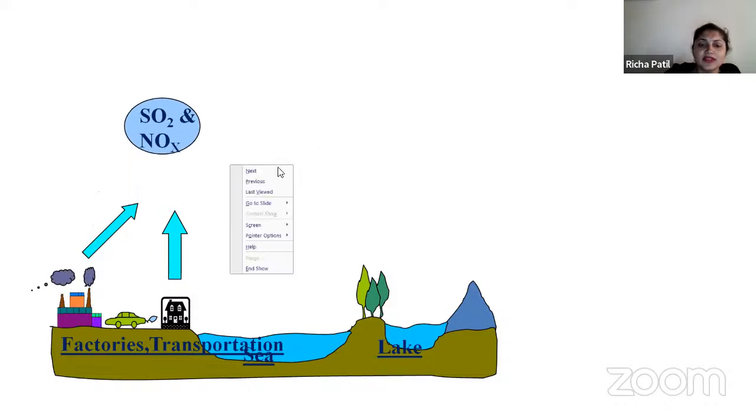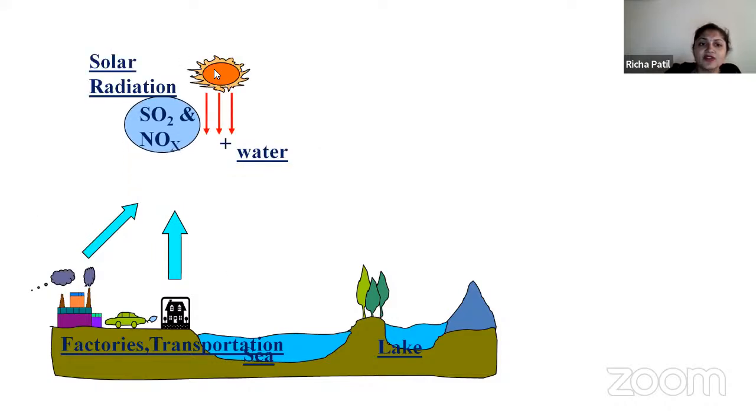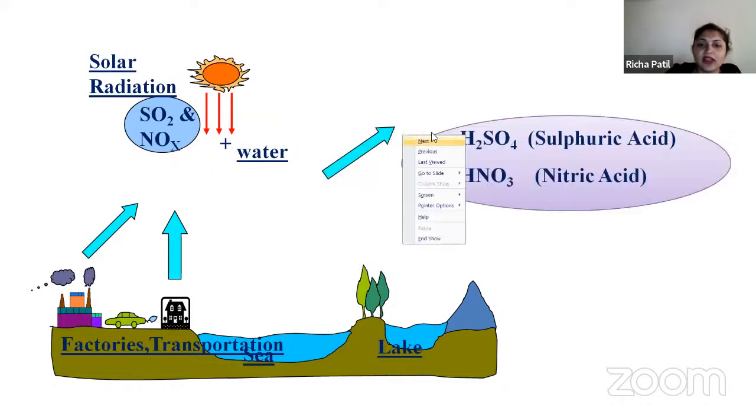So from solar radiation, and water, these all result in sulfur dioxide from the air. In your troposphere, there will be water vapors.